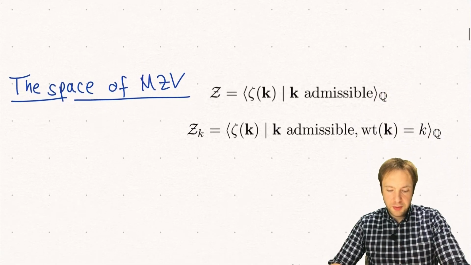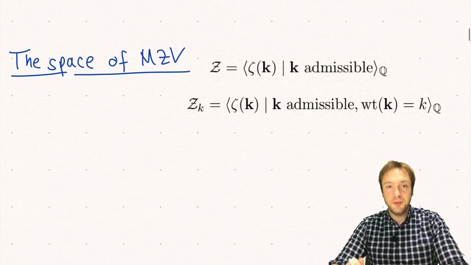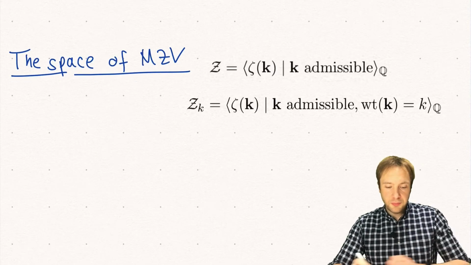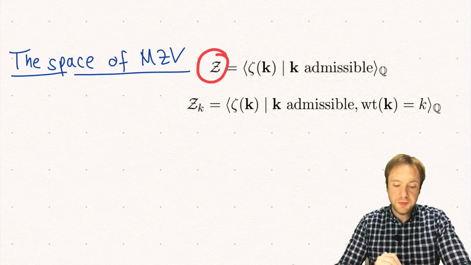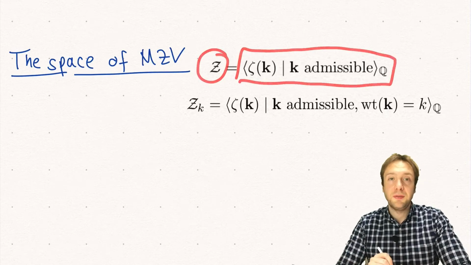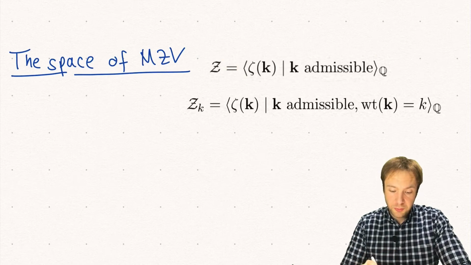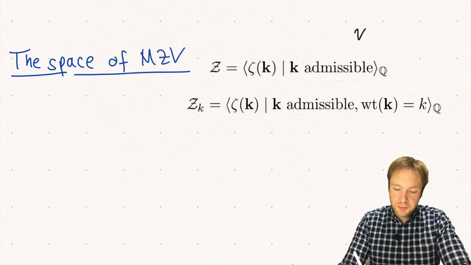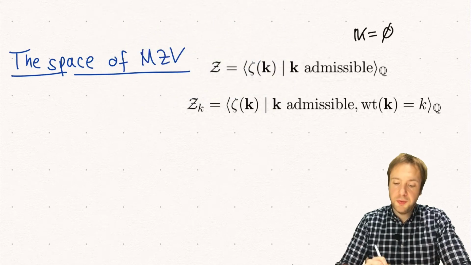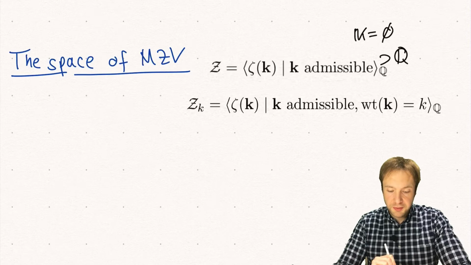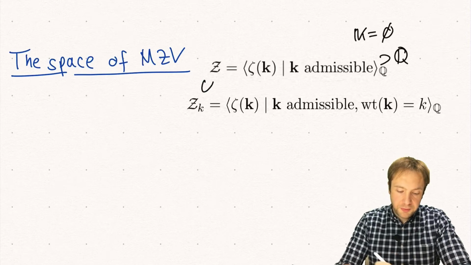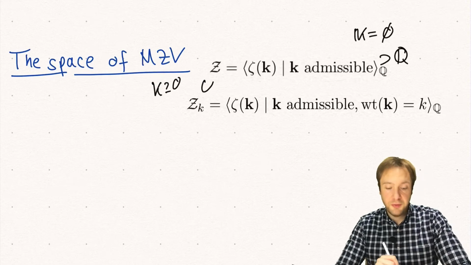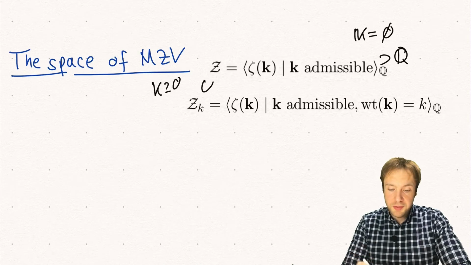Okay. So now we want to consider the space of multiple zeta values. And for this we define two things. By Z we define the space spanned by all multiple zeta values, so we take zeta k, where k is an admissible index. Notice that because the empty index is also in there, we have that Q is also contained in the space Z. And then for every k greater or equal to 0, we define Z_k to be the space spanned by multiple zeta values where the index has weight k.